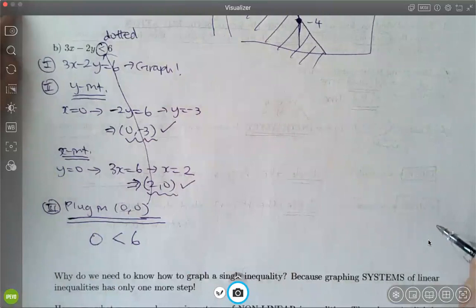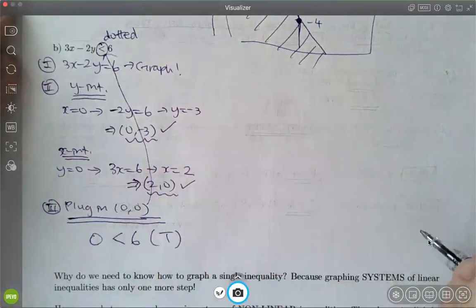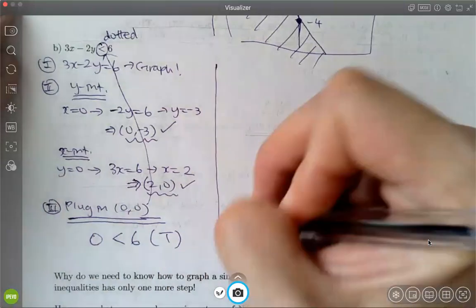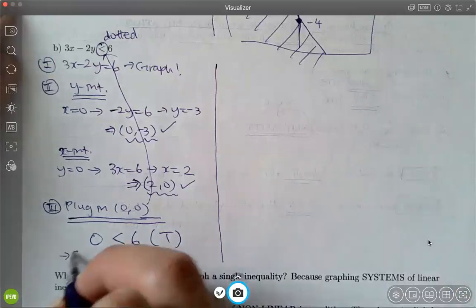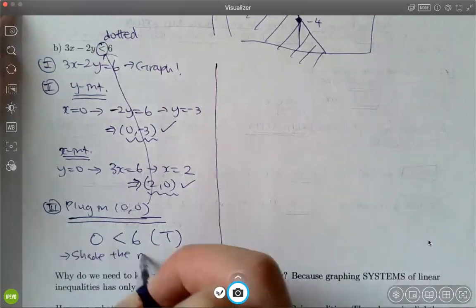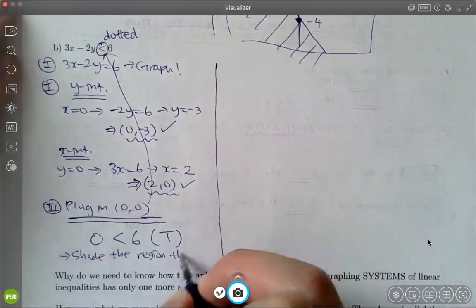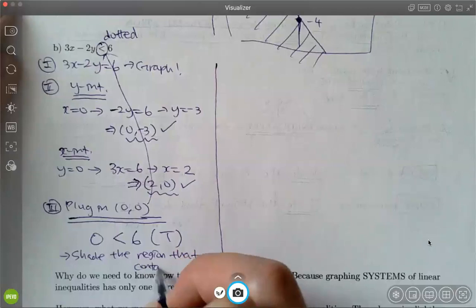Yeah, that looks good, right? So that's a true statement. So what does that mean? Whichever region contains the origin, we have to shade it, right? So this time we shade the region that contains the origin, whatever that is.